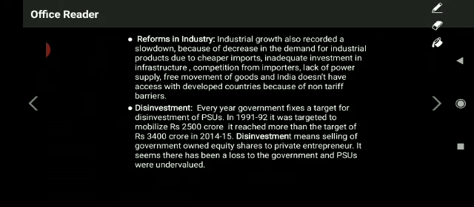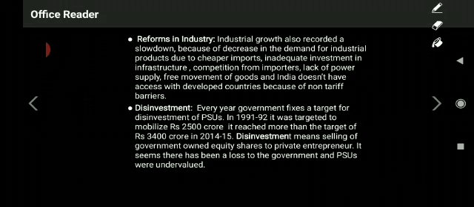Now coming to the next aspect of the slowdown of economic growth during economic reforms, that is reforms in industry. As we have seen in that table, the GDP growth rate of the industrial sector has increased, but yet there were many problems in the development of the industrial sector.